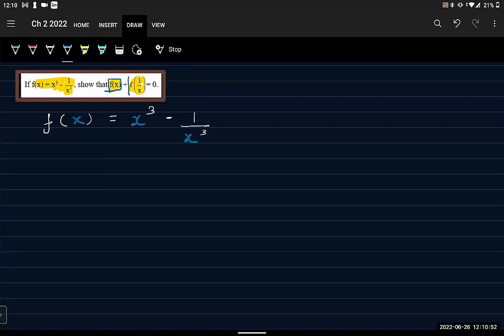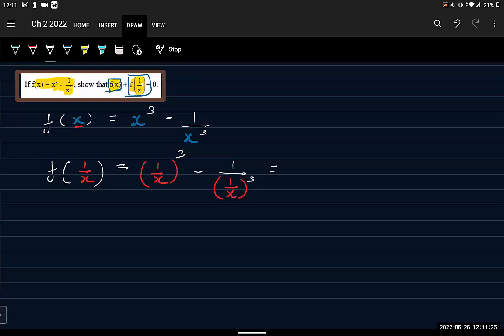Also, I need to find f of 1 by x. So now to find f of 1 by x, what I can do is, instead of this x, I'll write 1 by x. So here we have x cube. Instead of that, I'll write (1 by x) cube minus 1 upon, again instead of x, I will write (1 by x) cube.